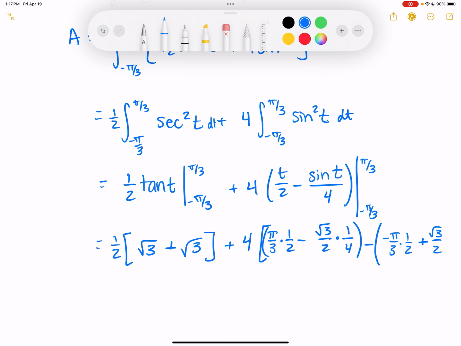Are y'all tracking why I did the times 1/4 and the times 1/2? Yeah. Okay. So now, over here, this is going to be 2 root 3 times 1/2, so that's just going to be root 3.